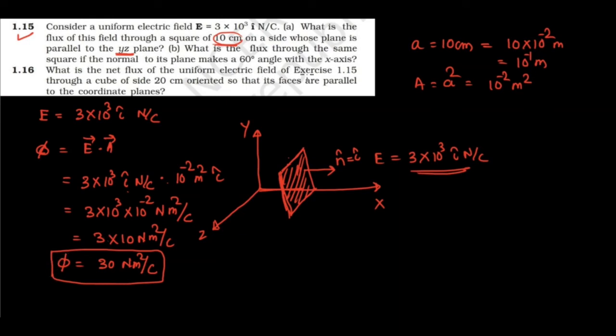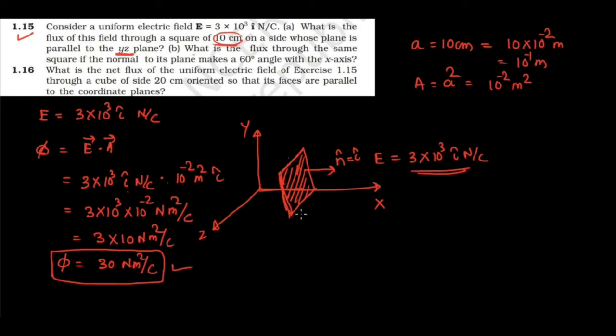Is that clear? Now the second part is: what is the flux through the same square if the normal to its plane makes an angle of 60 degree with the x-axis? In the first example, the normal to the plane, meaning the area vector, is along the x-axis, parallel to the electric field. So this is the flux.